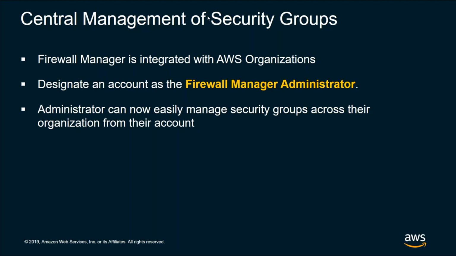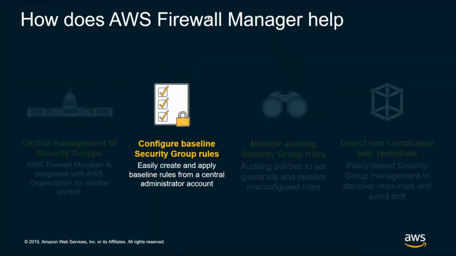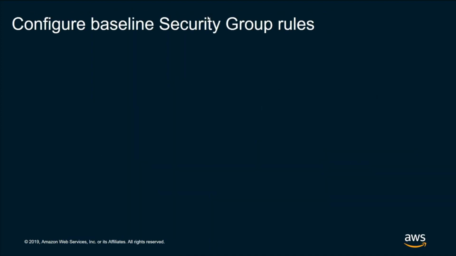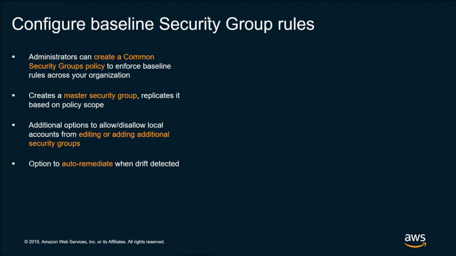Now, in terms of the second pillar, Firewall Manager allows you to configure a baseline of security group rules. So easily create and apply baseline rules from this central administrator account. Administrators can now create what Firewall Manager calls a common security group policy.